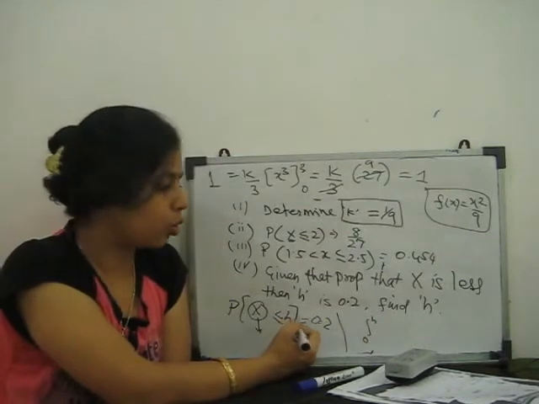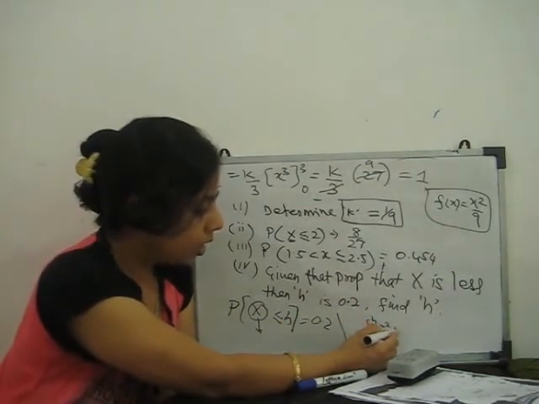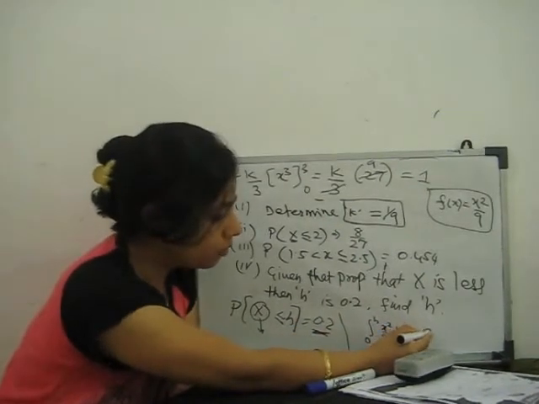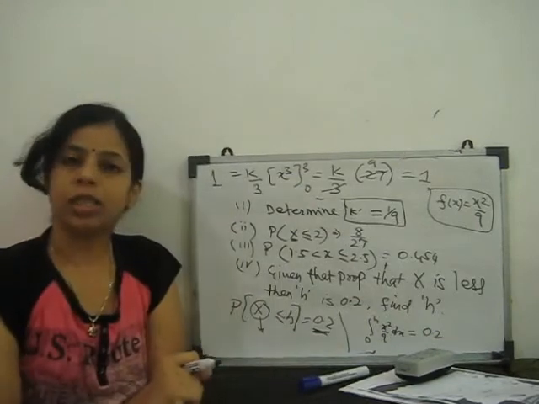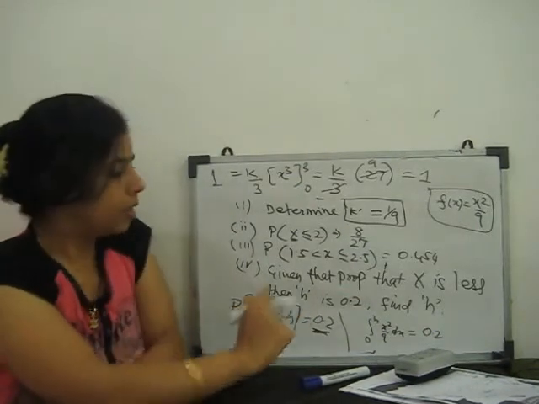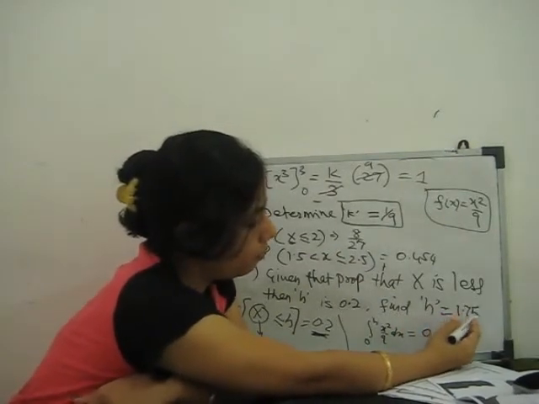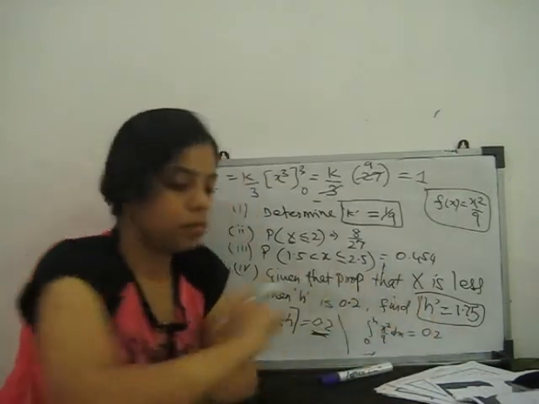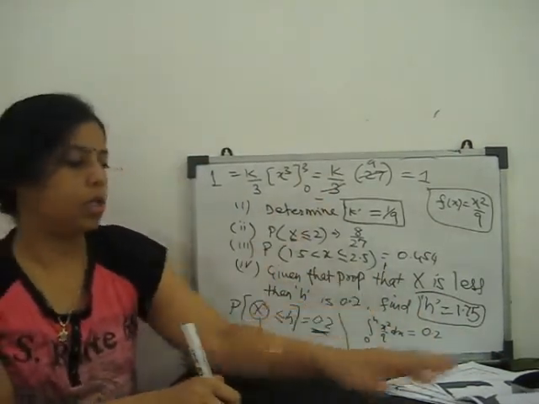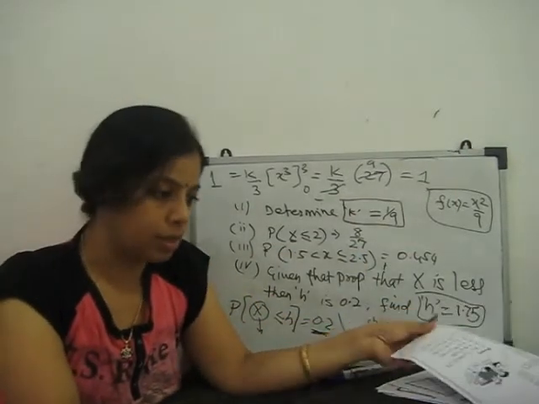Less than h means 0 to h. Our function is x square by 9 dx. The area value of this is 0.2. So you just integrate it, and you will get the value of h. When we integrate, the value of h is 1.75. Clear? This is how to find all these values, whatever properties they ask.